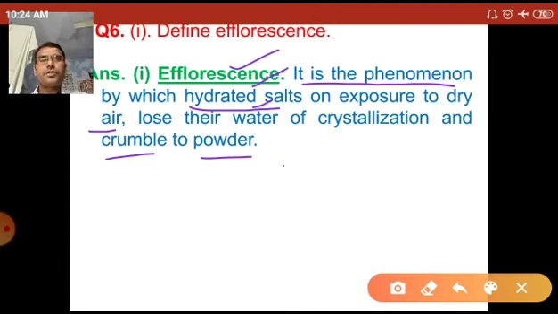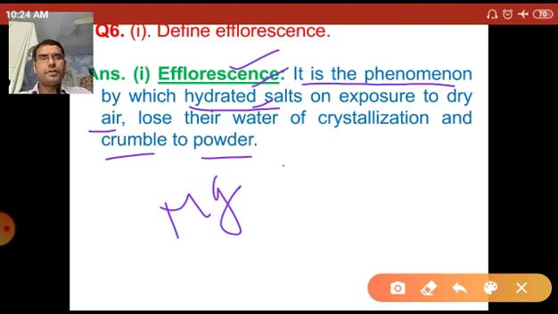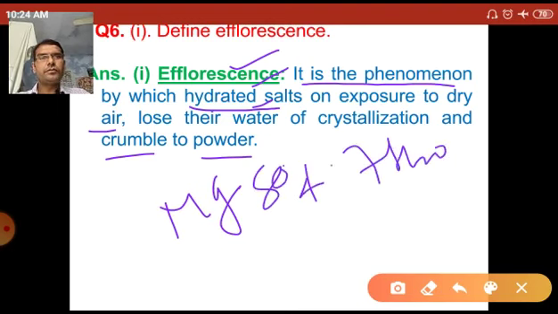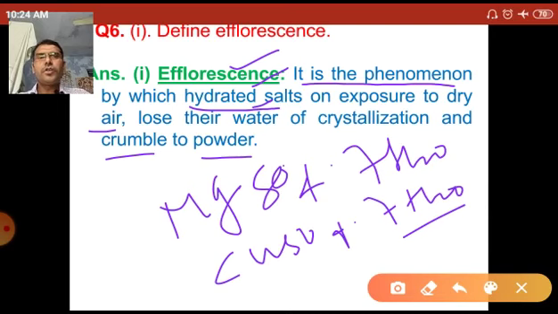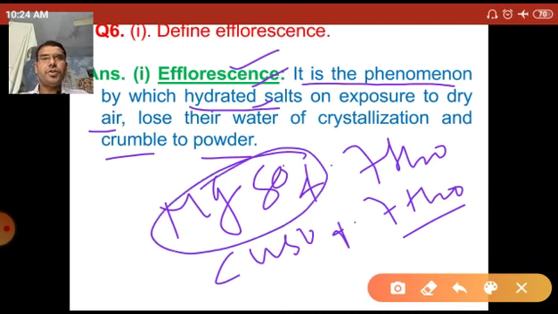And the substance which shows efflorescence is called an efflorescent salt or efflorescent compound. As for example, MgSO4.7H2O and CuSO4.5H2O. These are all efflorescent salts. When exposed to the atmosphere or dry air, they lose their water of crystallization.